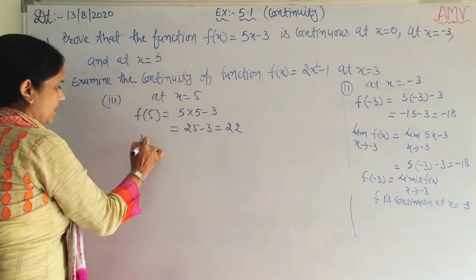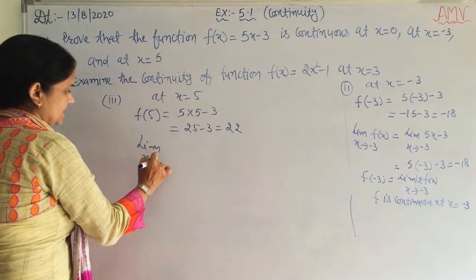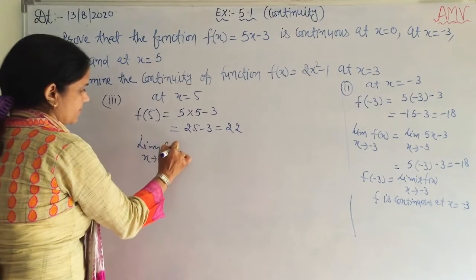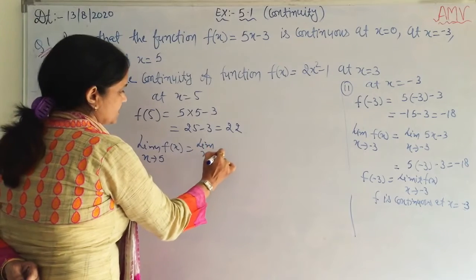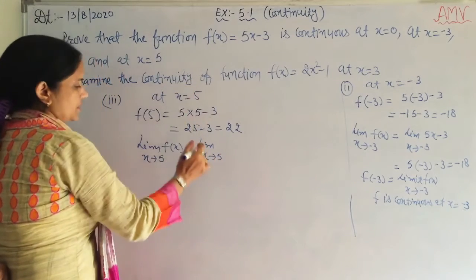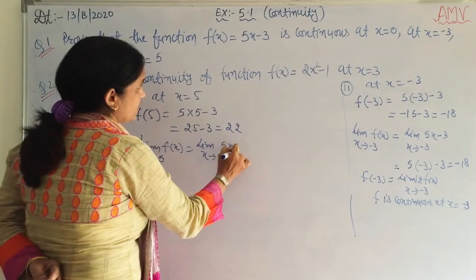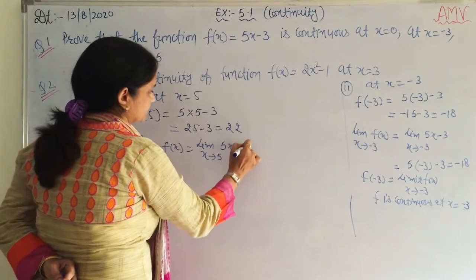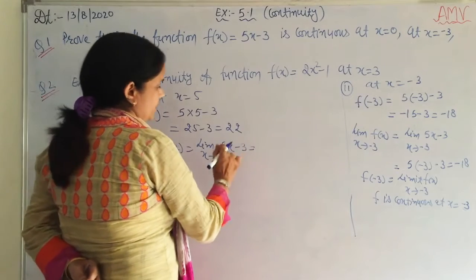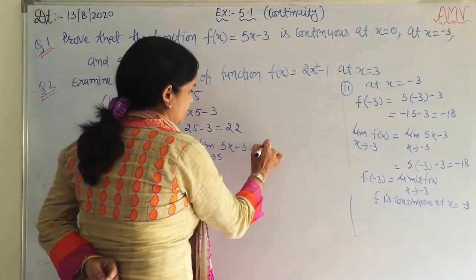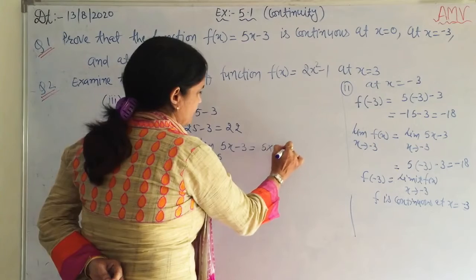Now the limit as x tends to 5 of f(x). Here the function is 5x minus 3. Substitute 5 in place of x, so it is 5 into 5 minus 3.